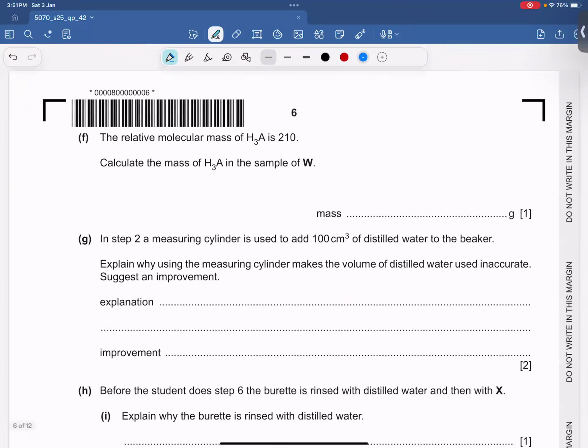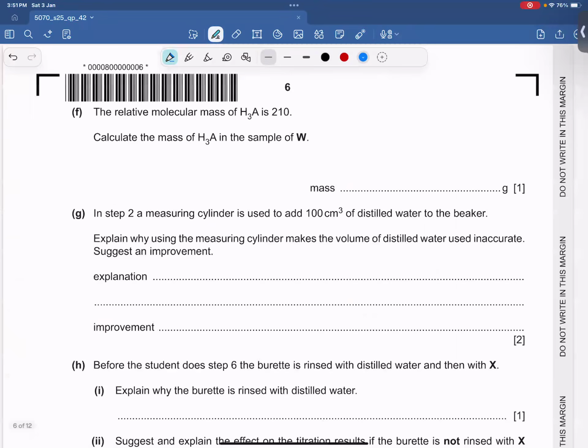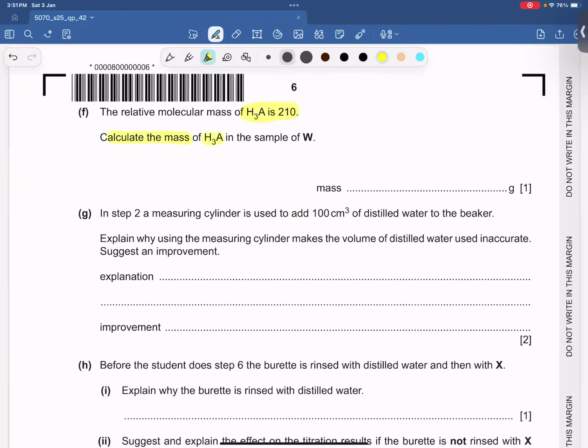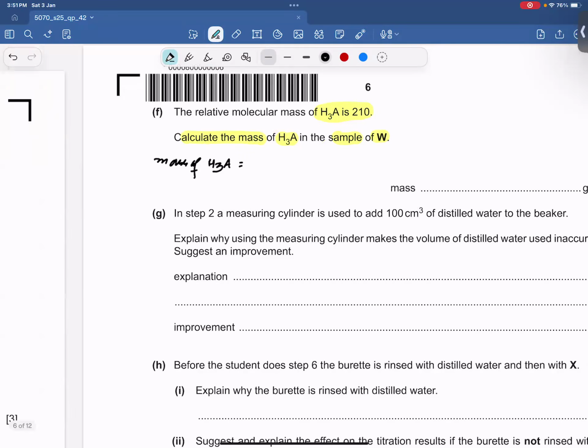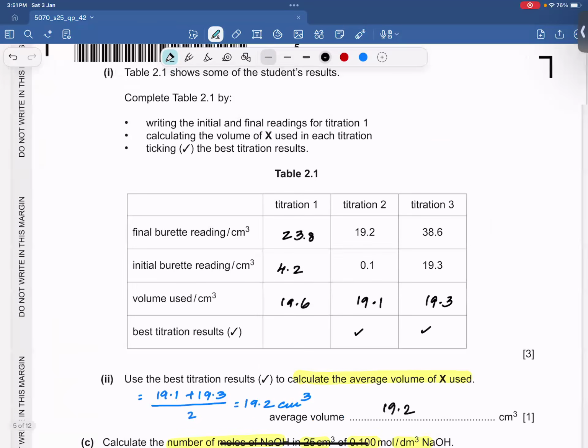Next page. The relative molecular mass of acid is 210. Determine the mass of H3A in the sample of W. Mass of H3A. We have moles, which is 0.00434.